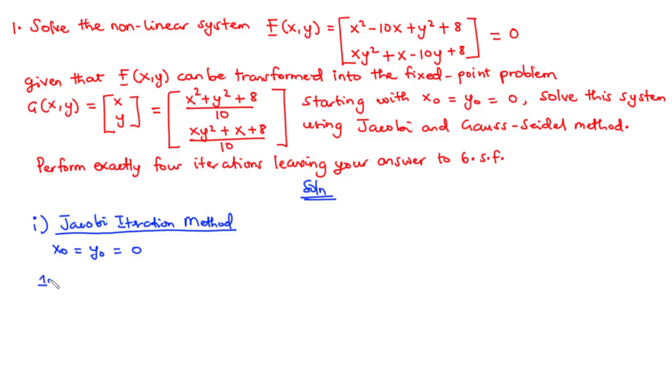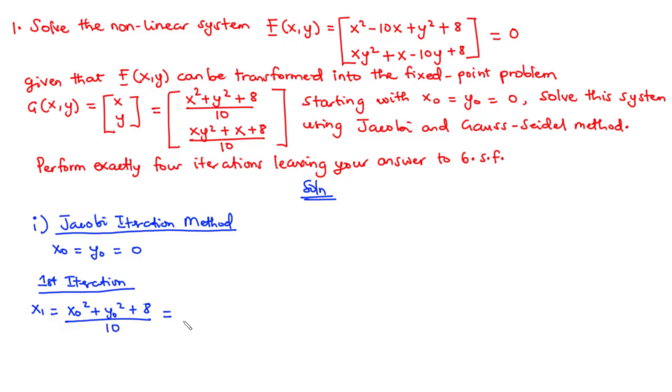For the first iteration, we are going to find the values of x1 and then y1. So for x1, using this same formula for x, we are going to have x0 squared plus y0 squared plus 8, all divided by 10.